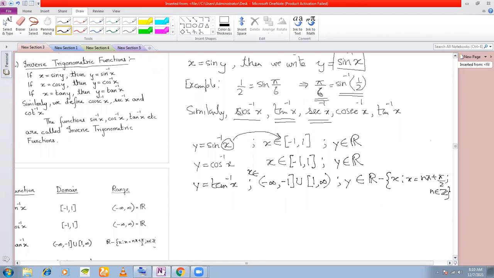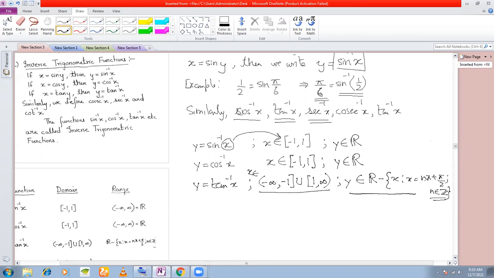Okay. So the range of this function excludes values where y is equal to n pi plus pi by 2, where n is an integer.